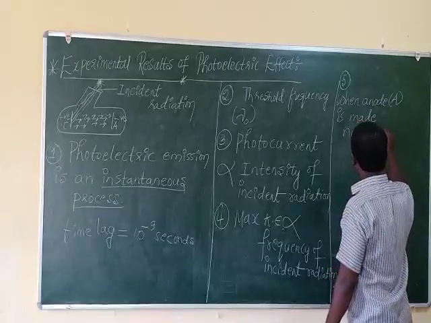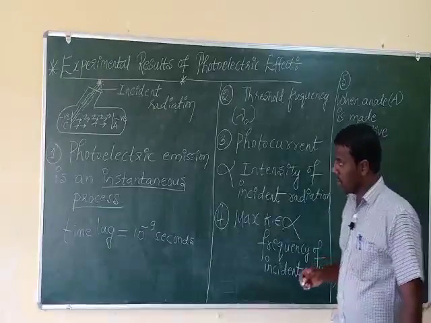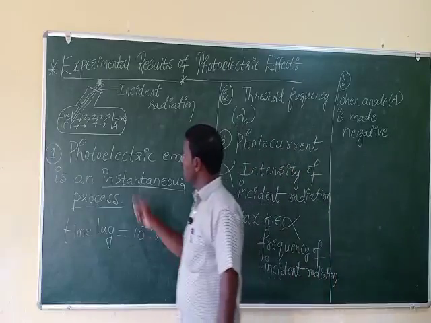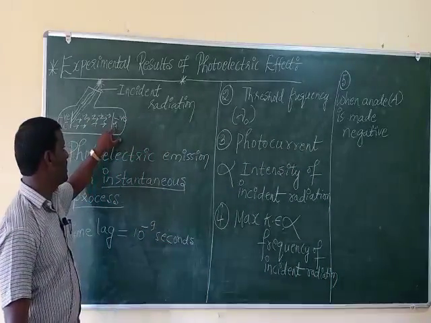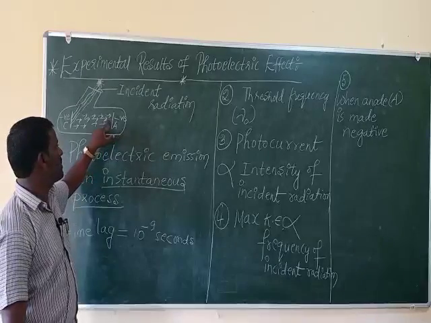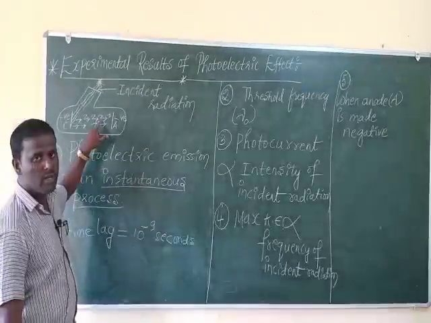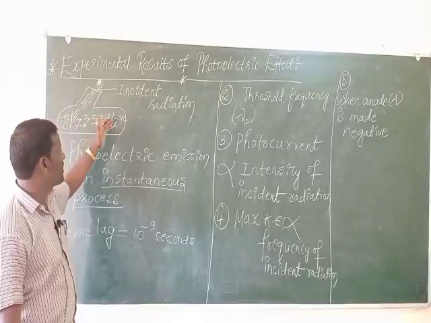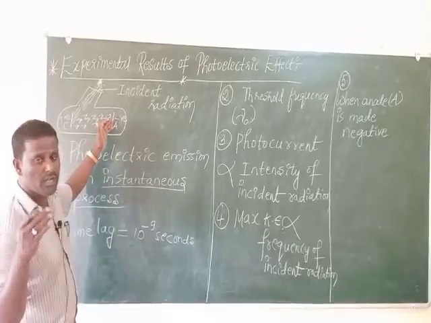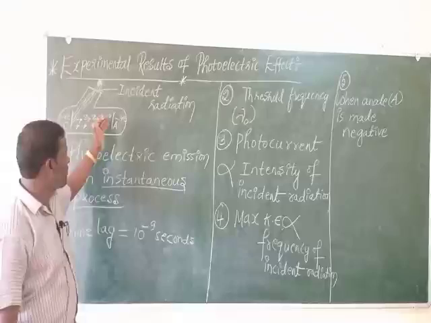As you know, if anode plate is made to have negative potential, then it starts repelling the photoelectrons. So photoelectrons are now repelled by the plate A. They are not further attracted towards the plate A.